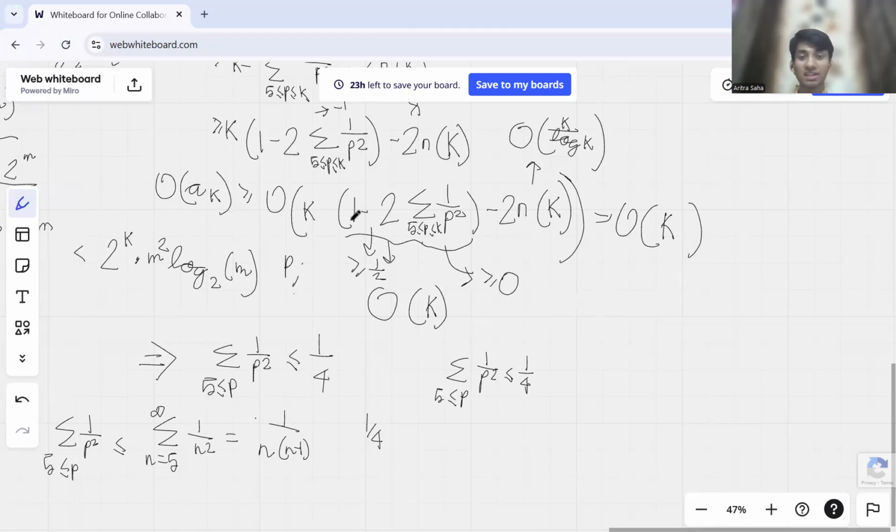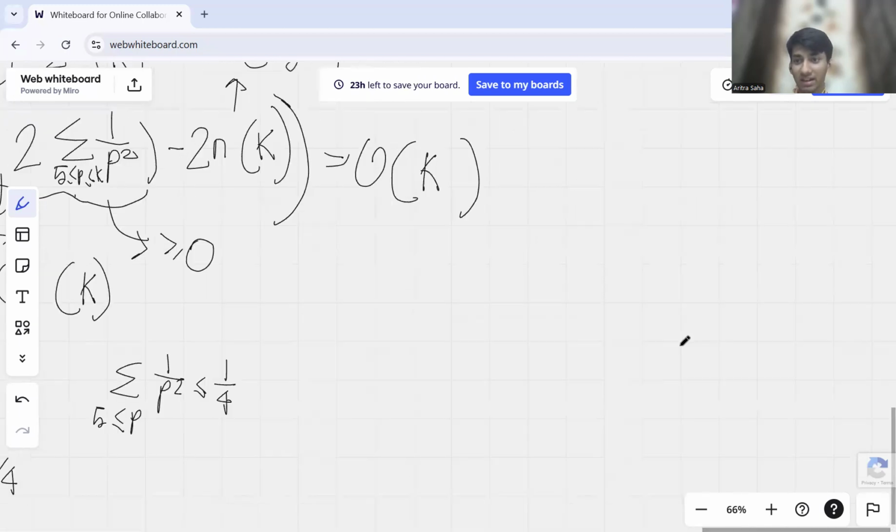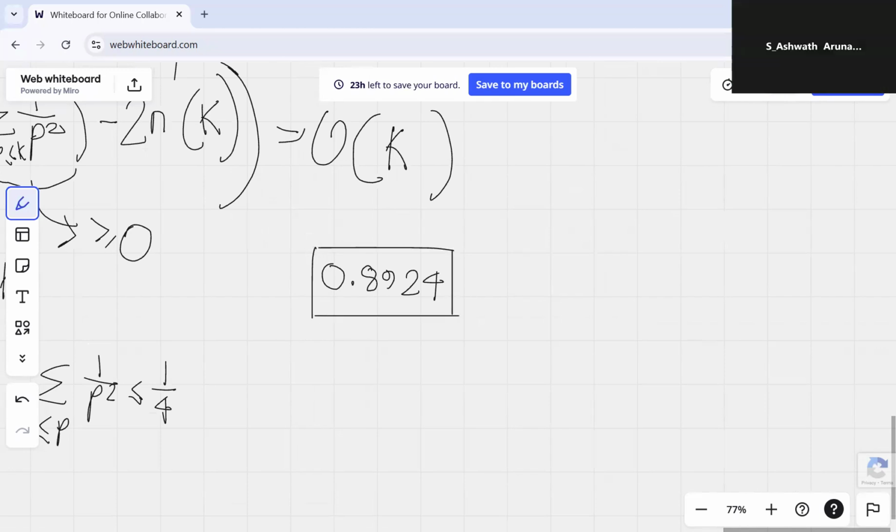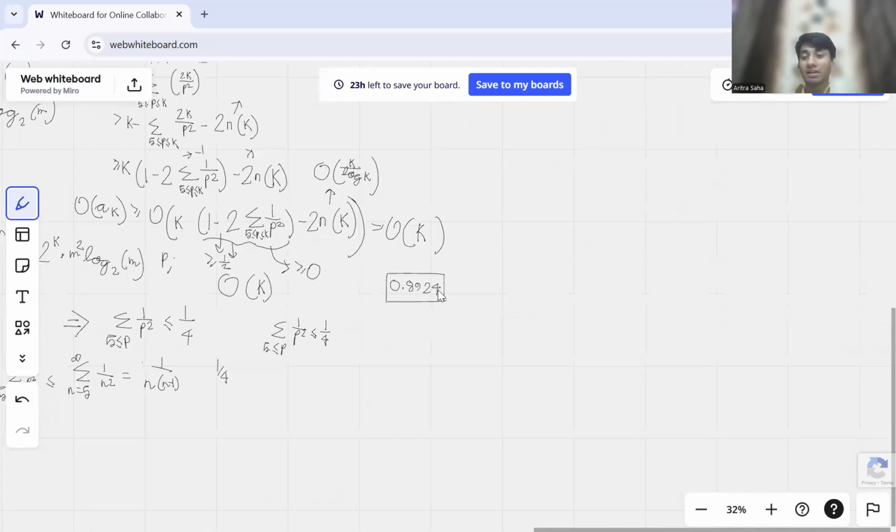And if you optimize the bounds, it has actually been proven that the density of n such that n square plus 1 is square free is actually like 0.8924. I haven't checked it, but I have read it somewhere. So you have to prove infinitely many, but if you see, most numbers will actually be square free than not being square free.